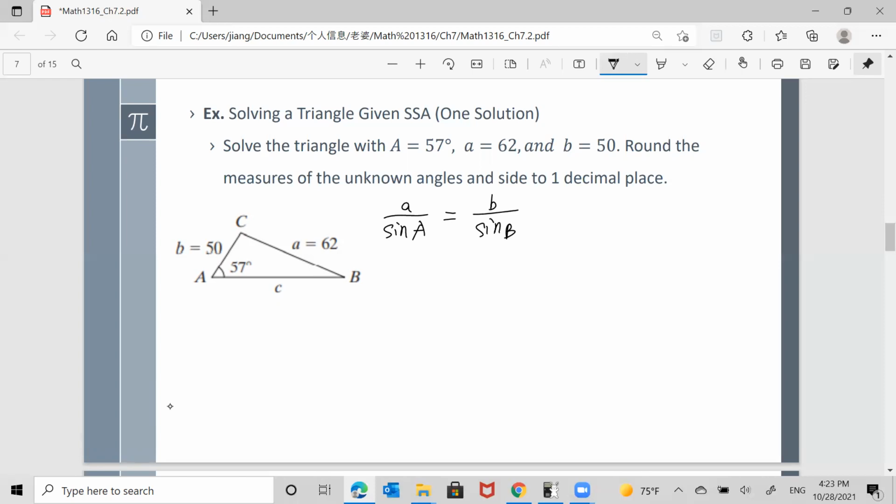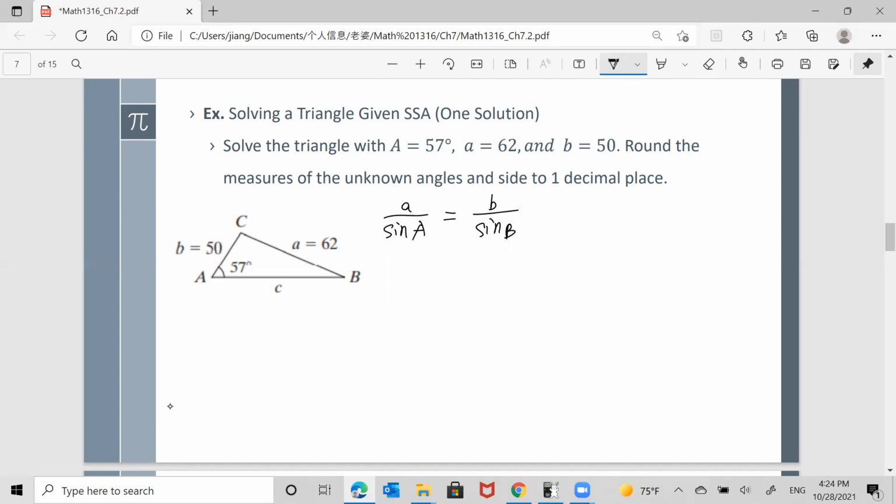Oh, sine A is not given, but I know the angle of A and use a calculator to find sine A. And b is given, it is 50. So we are solving for sine B. Then we can find the angle here, do the inverse sine.